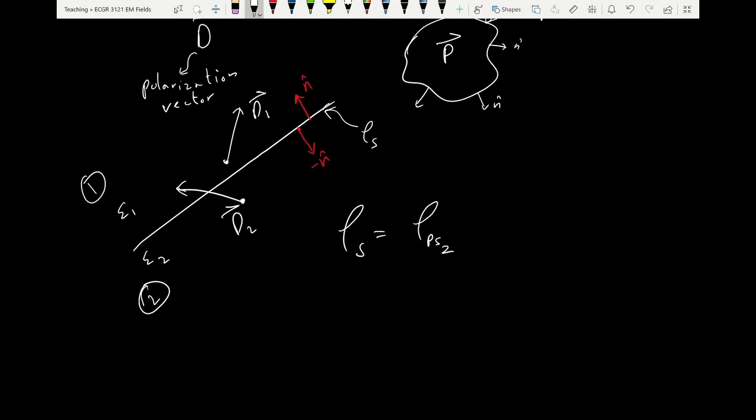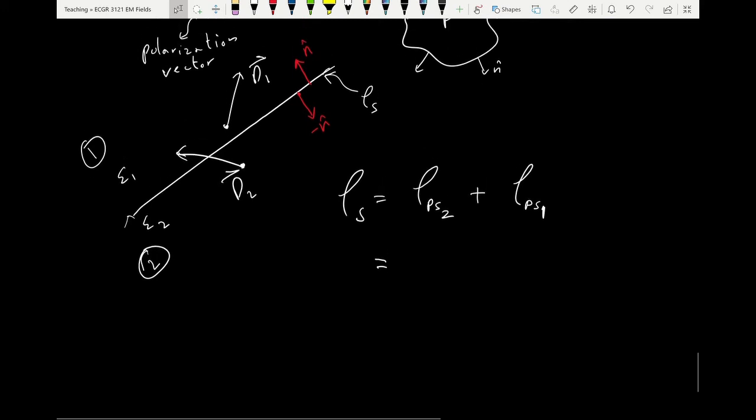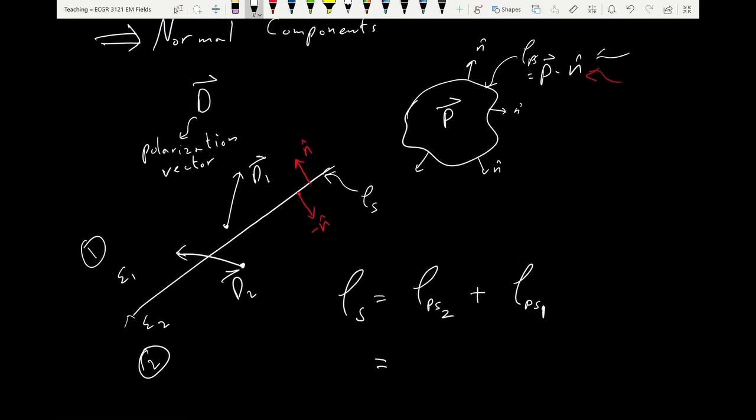So material 2 is polarized, and then it has an interface here, and there will be a charge density due to the polarization in material 2, plus the surface charge density due to polarization due to material 1, right? So the boundary is a boundary for two materials. And each material is going to have its own surface charge density due to polarization. We just now apply this result that we got.